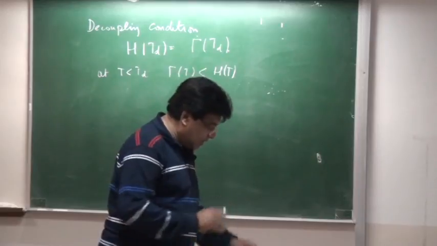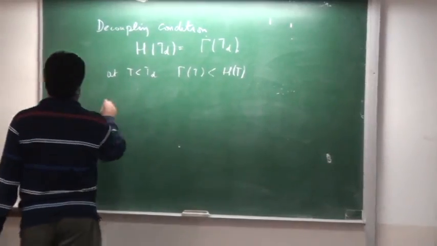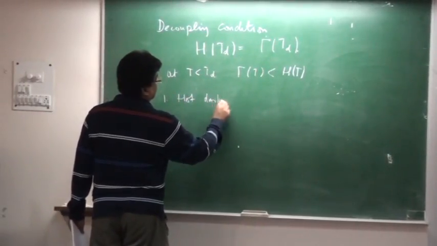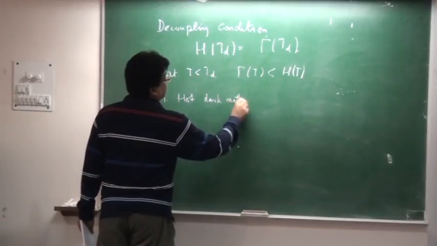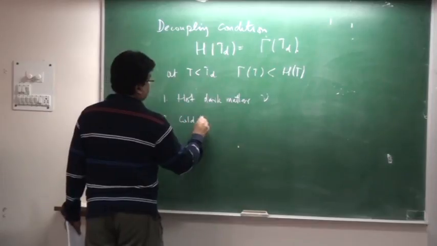So I think I'll stop here. There are two types of things which I wanted to do. One is called the hot dark matter, an example is a neutrino, and then there is cold dark matter.